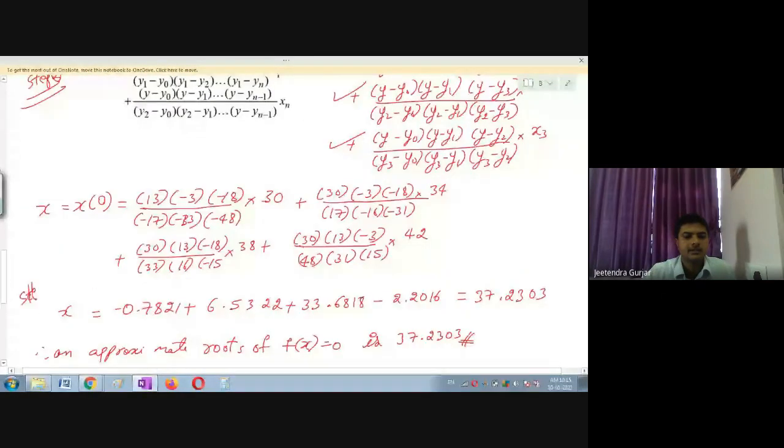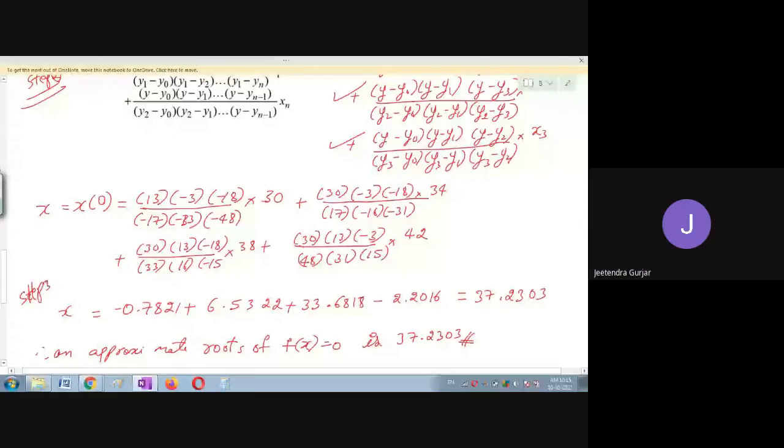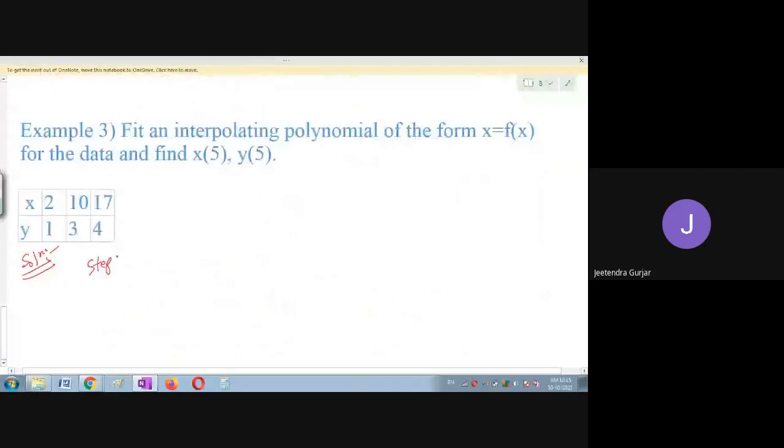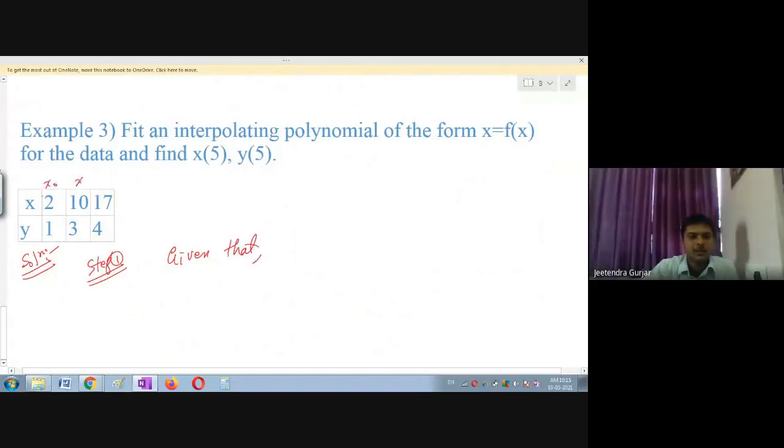So I missed these steps. Here also, first step, please remember what data is given here. Step 1, the given data first you write down. That is very, very important. Here they have given it directly, so obviously you can make out x0, x1, x2, and y0, y1 and y2. This is quite easy.